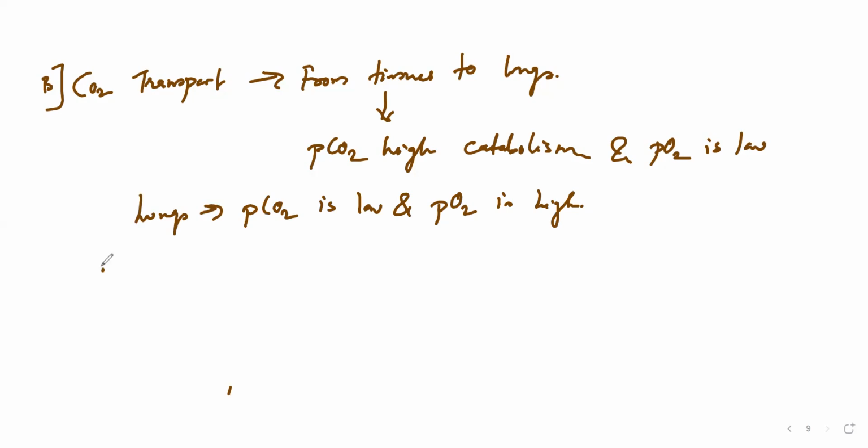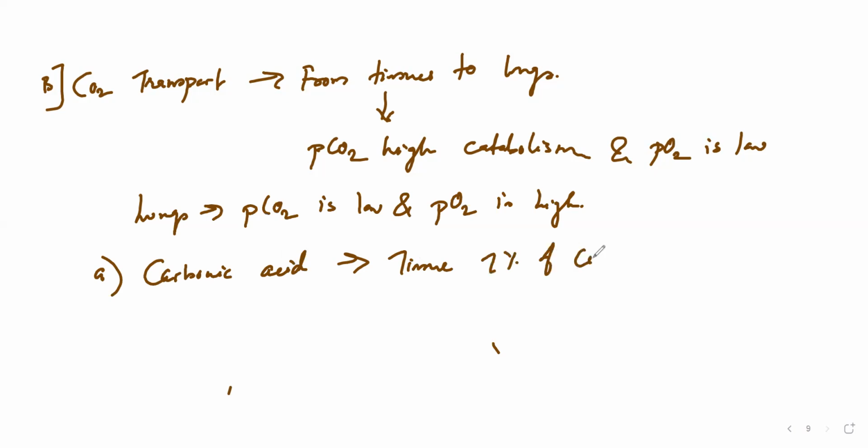The first one is called carbonic acid, that is, carbon dioxide in the acidic form. Here, in tissues, about 7% of the CO2 gets dissolved in your plasma water.